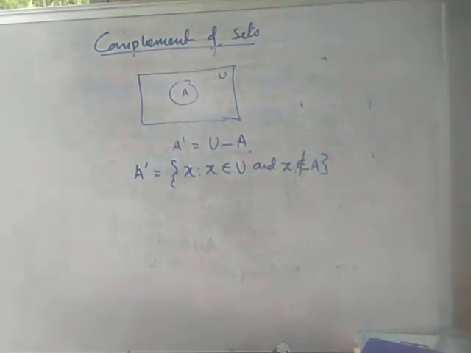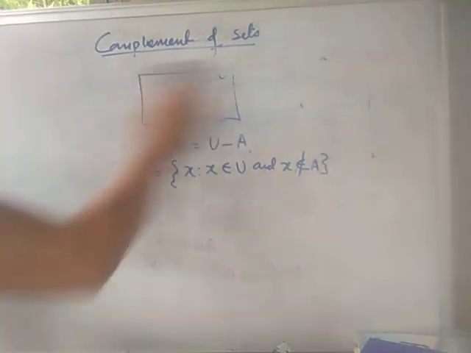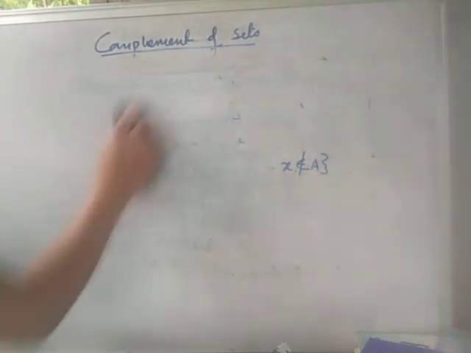Okay, now De Morgan, one famous logician or mathematician, De Morgan did some properties. Okay, so write down some properties of complement set. Okay, now complement you understood, isn't it?